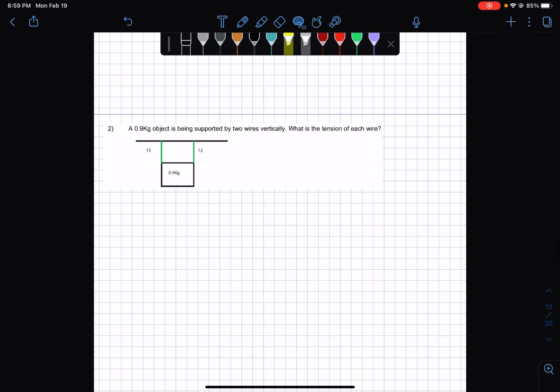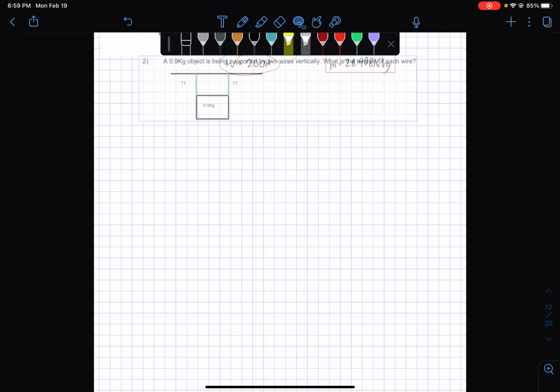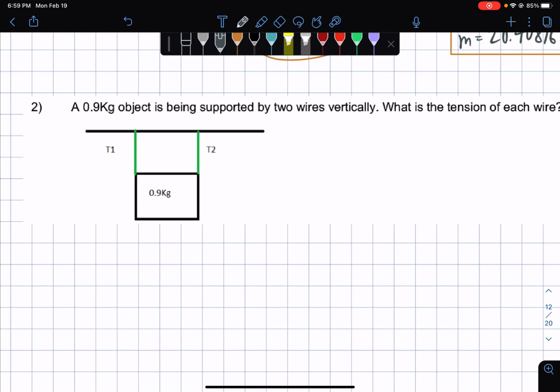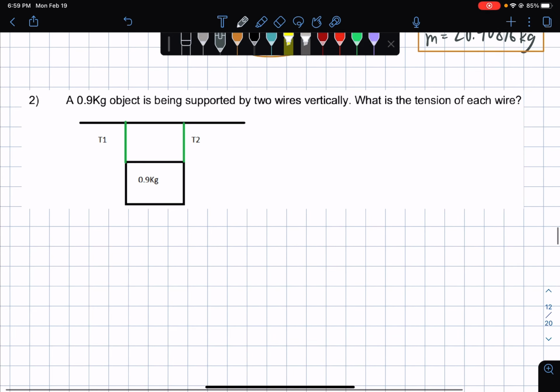Next, actually we don't really need much space for the first question, so we'll adjust the second question. A 0.9 kilogram object, so we do have the mass. We know that this is mass. For one thing, the unit is kilograms, which is the SI unit for mass.